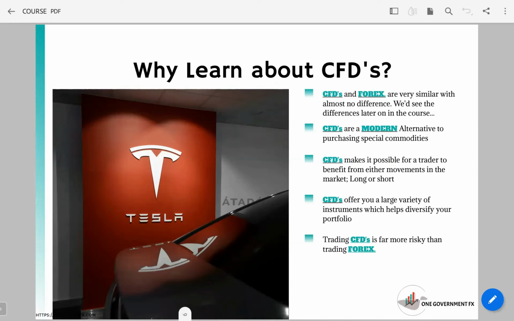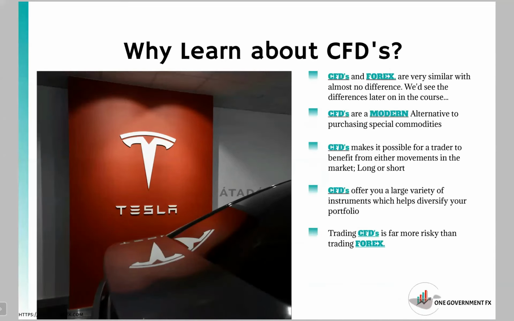We'll see the differences and similarities later on. CFDs are a modern alternative to purchasing actual commodities. What this means is that a couple of years back, forex trading wasn't available to just everybody. It was for a specific set of people.